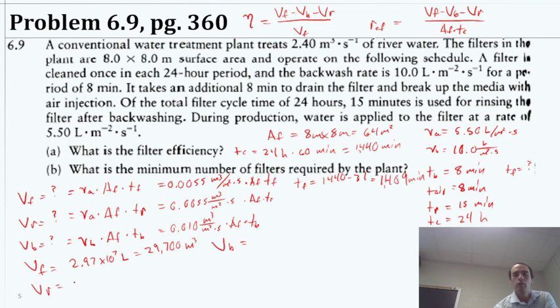Anybody else get there? Okay, I can double check in a minute, but okay, what about VR? VR, I got 3.168 times 10 to the 5th liters. Okay. So if we take away the 3rd, that'd be 316.8, and that also looks right to me, because if we're making 29,000 cubic meters during the filtration, which is almost 24 hours, and then we just rinse for 15 minutes, it should be a lot smaller, but still a fairly substantial amount.